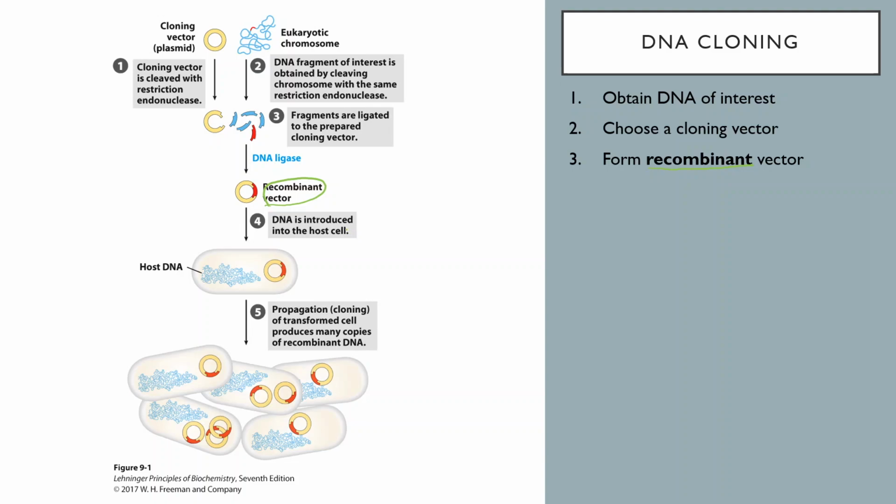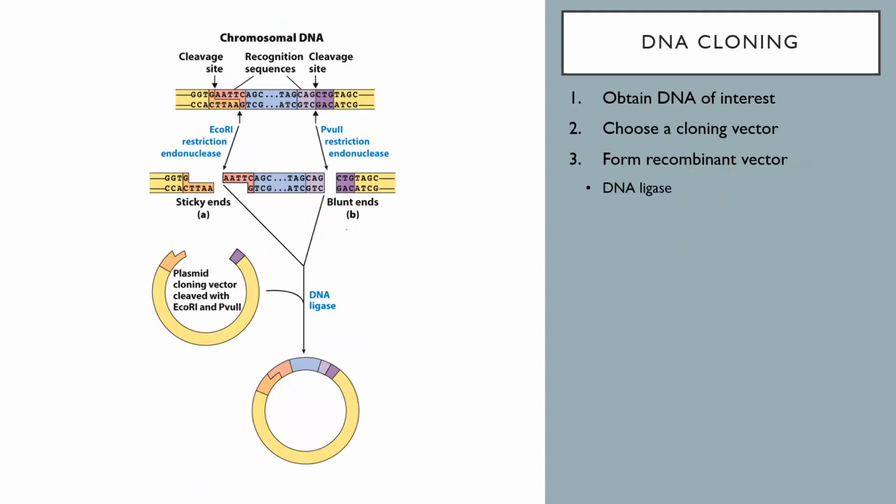Attaching the DNA of the plasmid and your DNA of interest together is done by an enzyme called DNA ligase. DNA ligase, in a way, is kind of the opposite of a restriction enzyme. DNA ligase looks for DNA molecules that have free ends, and it will look for either blunt or sticky ends. Although if you cut your DNA with a sticky end, it has the advantage that the ends will recognize each other.